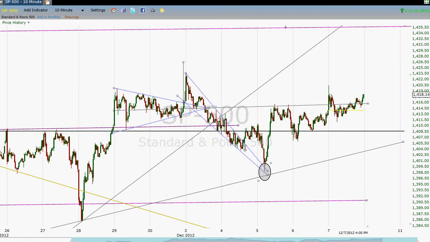And this is where the week, I think, did fairly well technically. We got a back test down to this descending line. You could even say going so far as to testing the support line down here, not just the resistance line. And then immediately the market started to firm back up and ended the week having overcome this resistance area that was around 1416 or so.